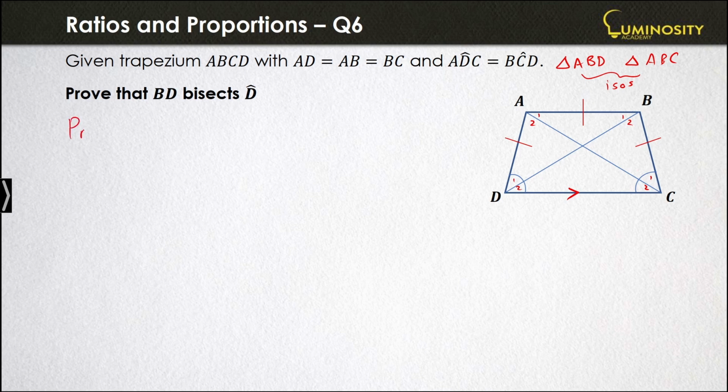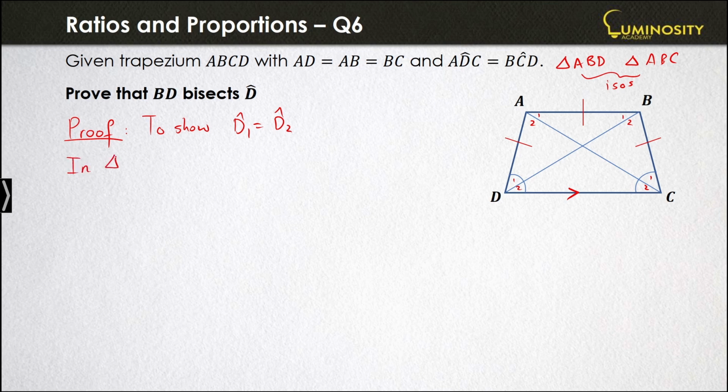Then let's start off with the proof that we are looking for. We're showing that BD bisects angle D. So to show that angle D1 equals angle D2, that's what we want to show, because therefore line BD will bisect that angle D. Firstly, I want to observe the following.